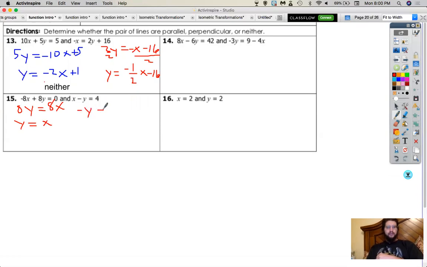Negative y equals negative x plus 4. I subtracted x from both sides. Divide through by a negative, just change all the signs. It's going to be positive x minus 4. So if I look at my slope here, it's how many x's? 1 x. How many x's? 1 x. These are the same. 1 is the same as 1, so these are parallel.